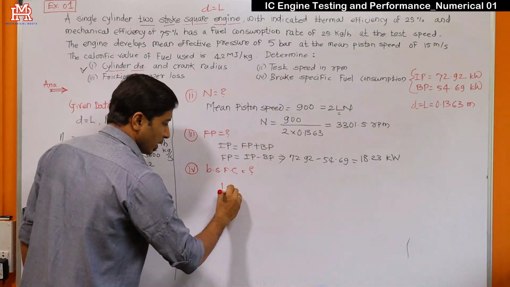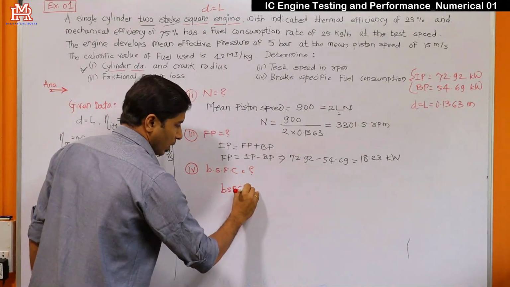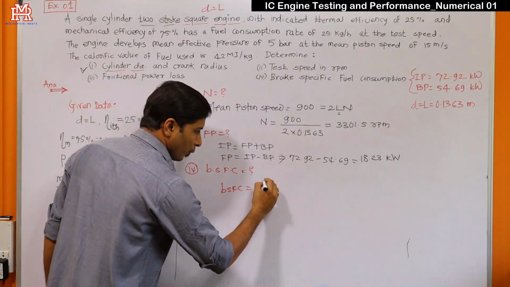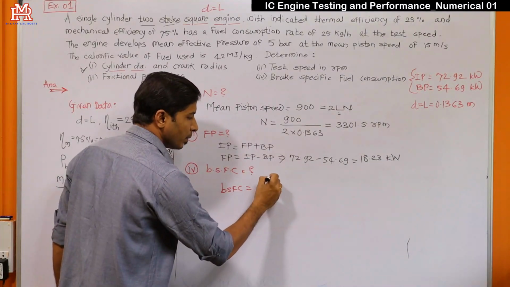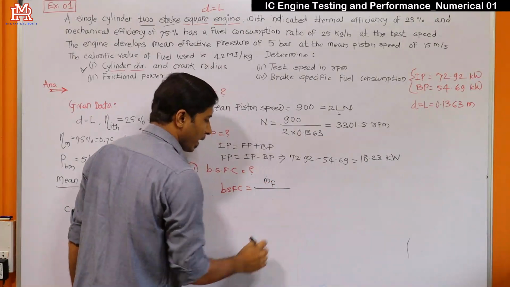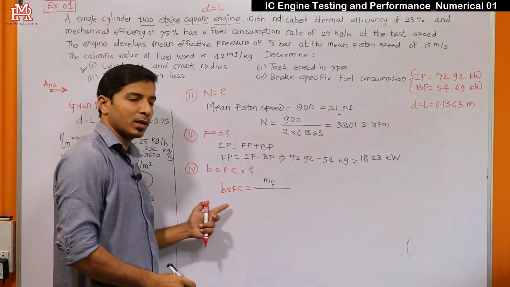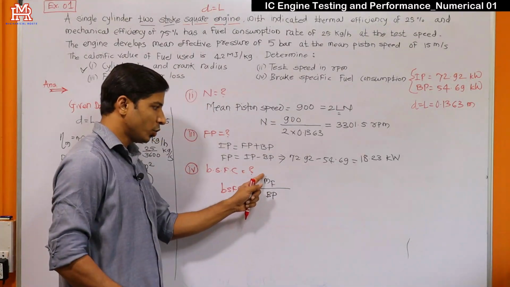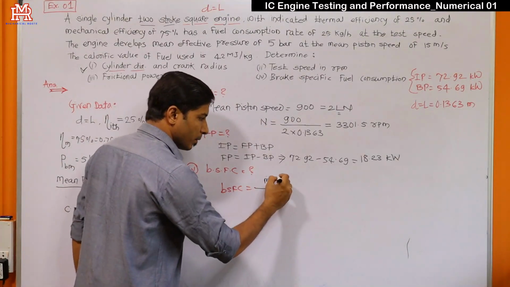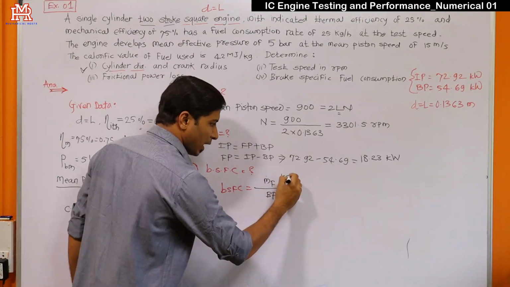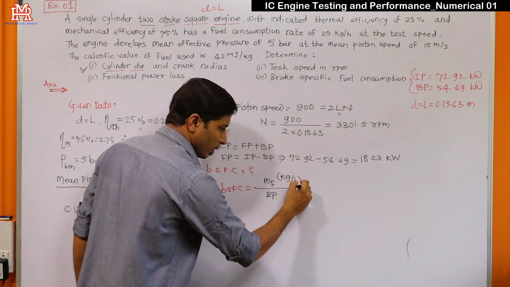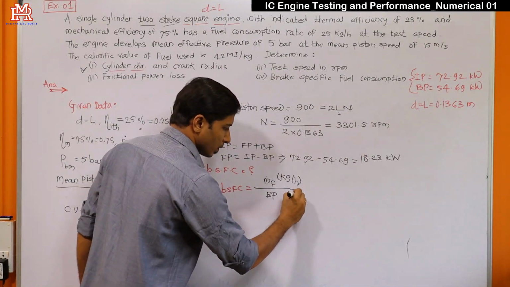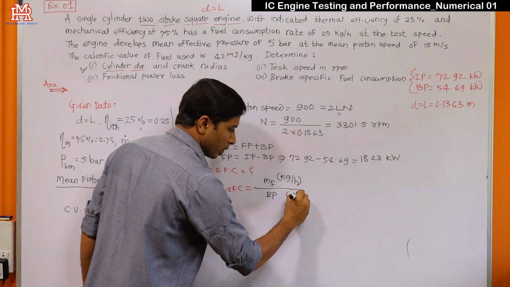BSFC is equal to fuel consumed per unit time, MF, divided by, when it is brake specific, brake power. We know that the unit for fuel consumed per unit time is kg per hour, and the unit for brake power is kilowatt.